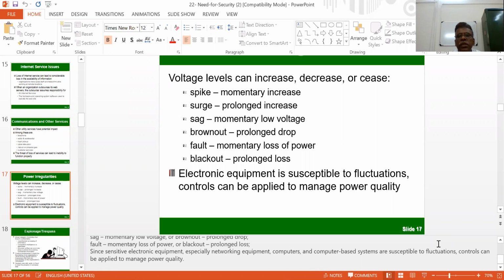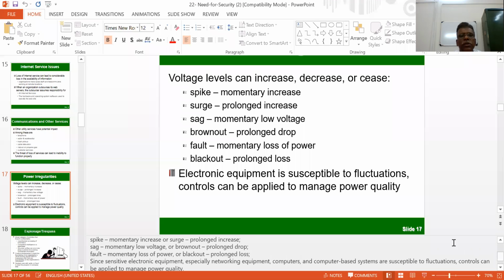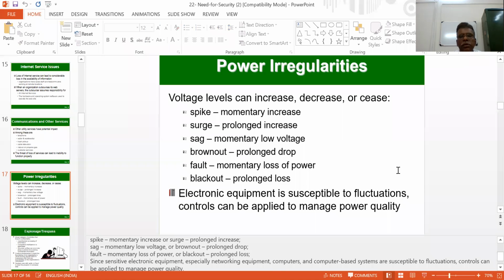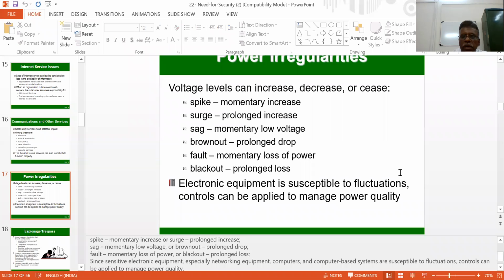Computer based systems are providing a lot of fluctuations. We are not in a position to control and manage better power quality. And you can say one to another how power irregularities are going to be a threat to the organization with respect to information security.